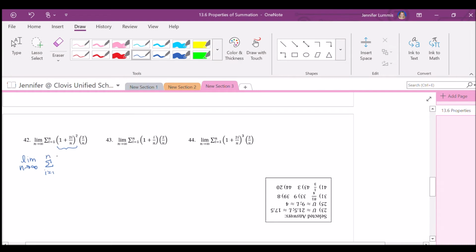Squaring this binomial, we get 1 plus 4i over n plus 4i squared over n squared, and then we still have that times 2 over n. In my next step, I'll multiply the two together. I now have the sum from 1 to n of 2 over n plus 8i over n squared plus 8i squared over n cubed.